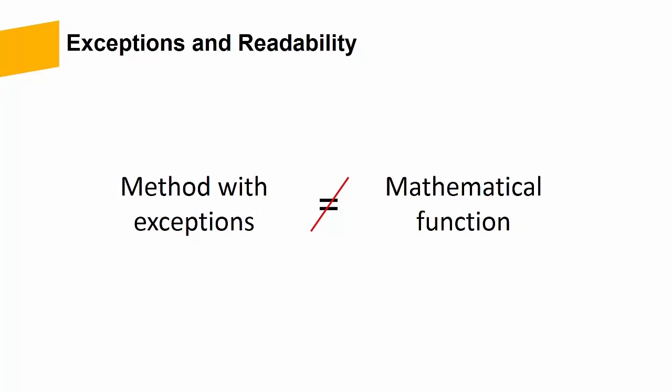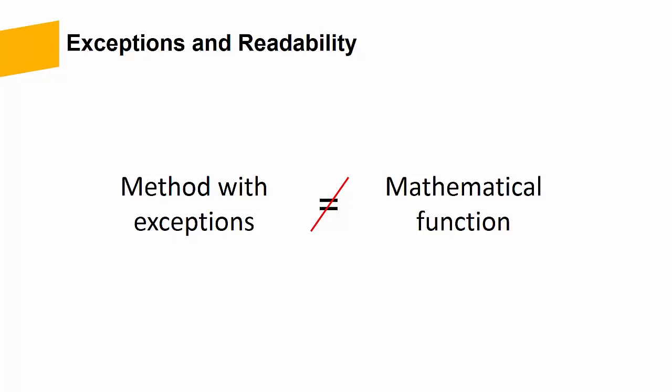The second problem with exceptions is that they make code using them dishonest. So not all exceptions, but when you use exceptions to control the program flow. And as I mentioned earlier, that's because you hide one of the potential outcomes of that method behind the scenes. So it's not present in the method signature.